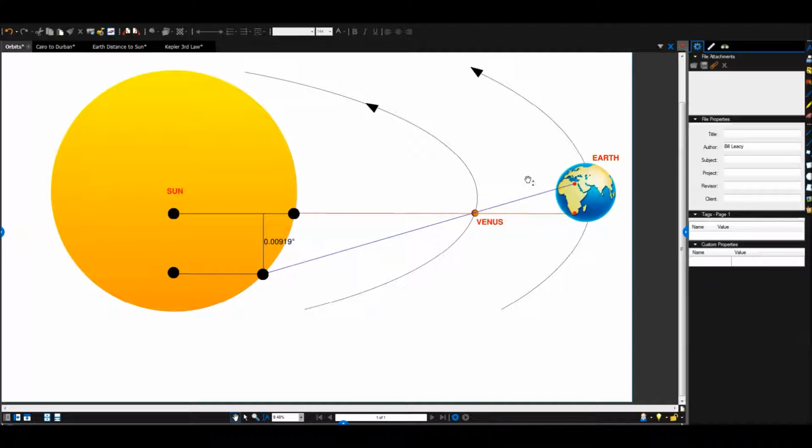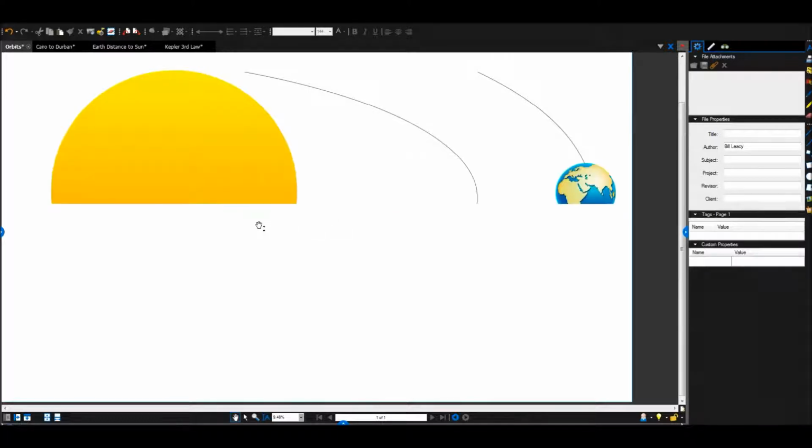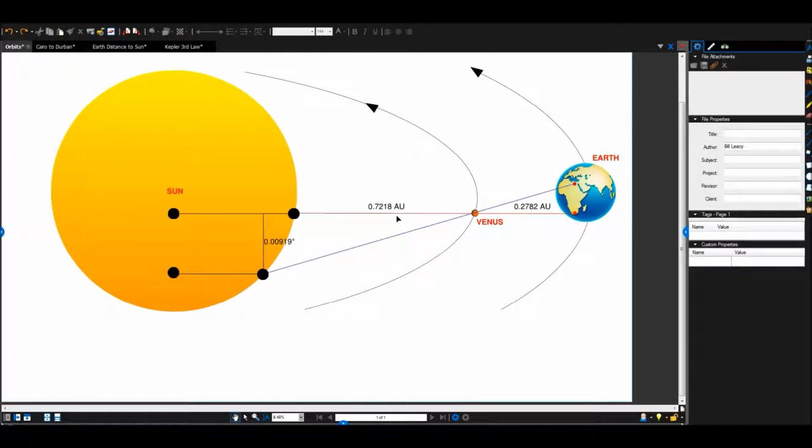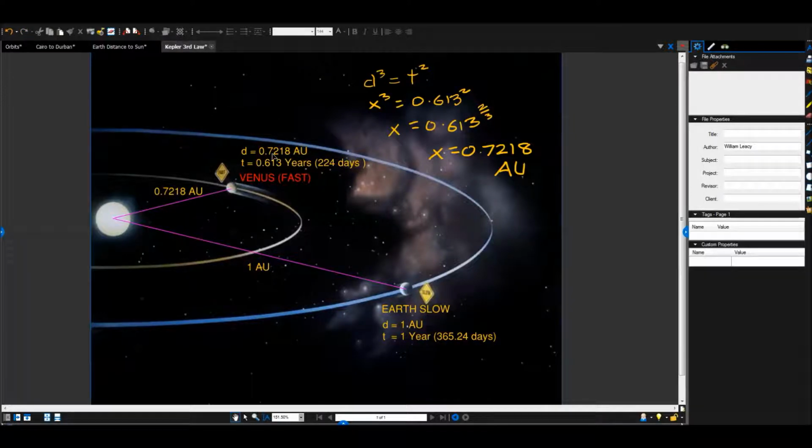So we know, for example, that the distance from the sun to Venus is 0.7218 AU, and the distance from Venus to Earth, obviously this is 1, so this is 1 minus this, which is 0.72782 AU. We calculated that earlier, if you remember, here.